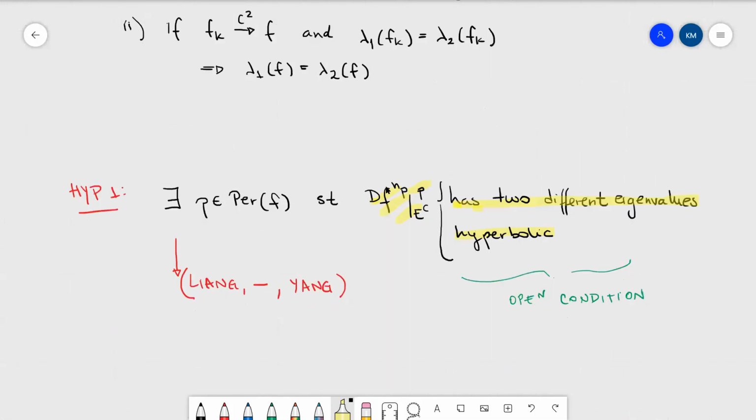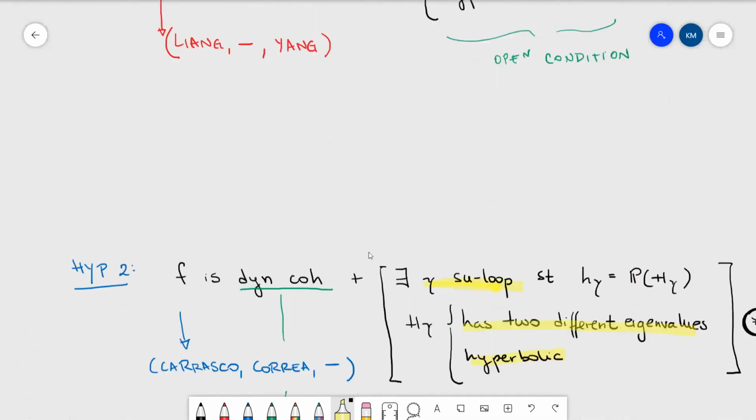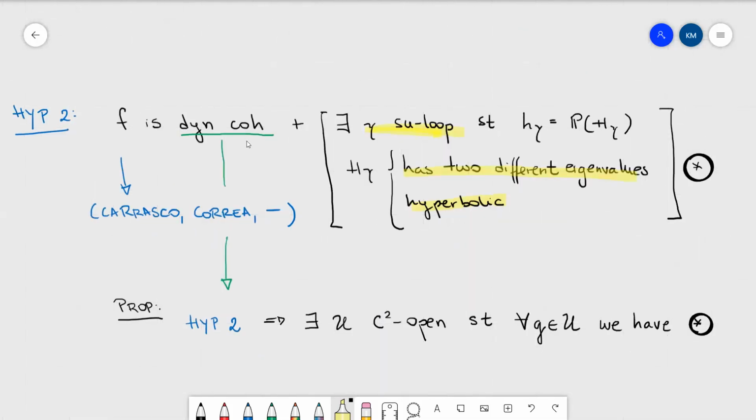So this condition here, the dynamical coherence, is important in order to guarantee that this condition is open. As before, I need to be able to prove that this condition is open, but I need to point out that this is a very delicate argument because I'm dealing with SU loops.